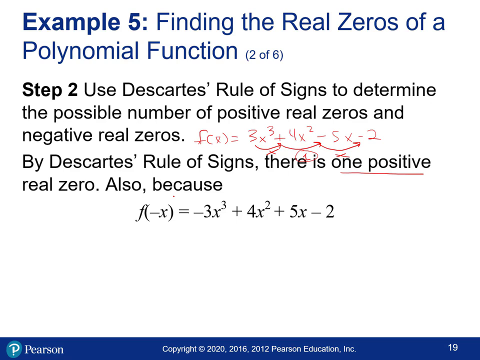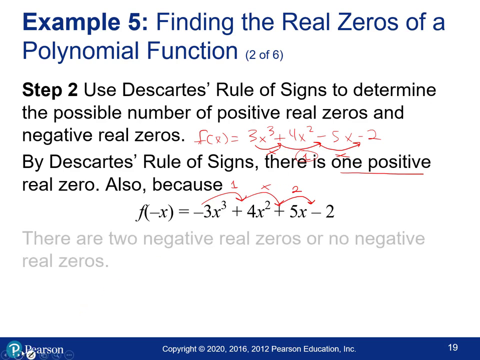so 1 positive real zero. Then when we plug in a negative x and simplify, notice that it goes from negative to positive, so that's 1 sign change. Positive to positive, so no sign change there. And positive to negative, so a second sign change. So there's 2 or none, because remember how that goes from Descartes' rule of signs, you start subtracting 2.